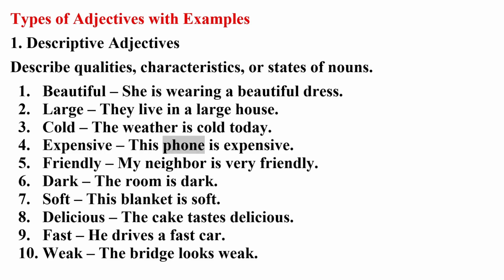Expensive: this phone is expensive. Friendly: my neighbor is very friendly. Dark: the room is dark. Soft: this blanket is soft. Delicious: the cake tastes delicious. Fast: he drives a fast car. Weak: the bridge looks weak.